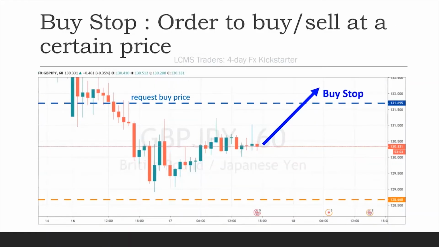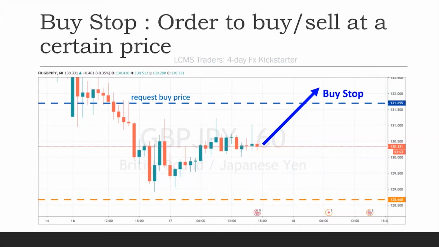On the other hand, a buy stop. We were talking about buy limit, sell limit. Now we're talking about buy stop. A buy stop is an order to buy, or a sell stop is an order to sell, at a certain price, which means that in this scenario, pound yen is at 130.33.